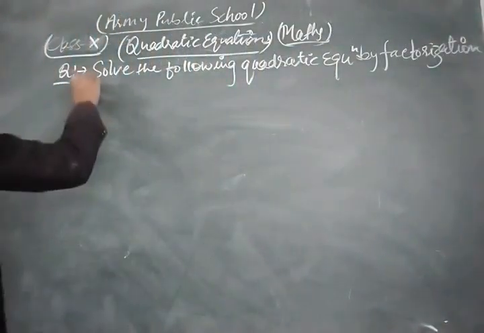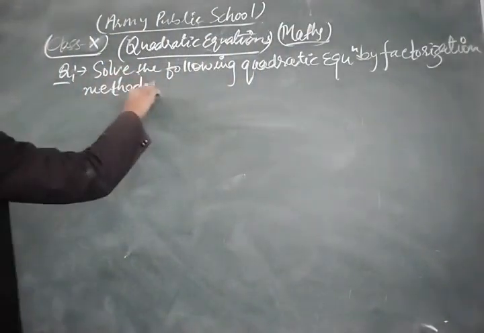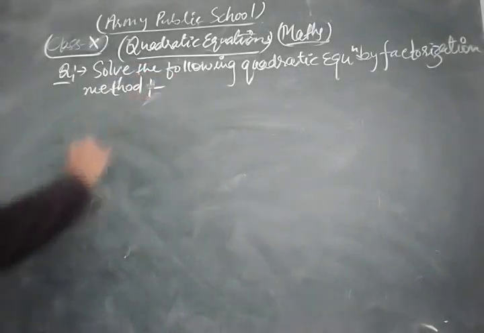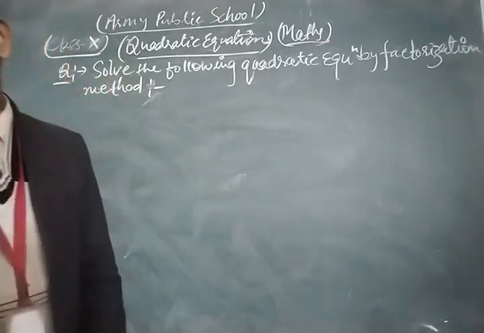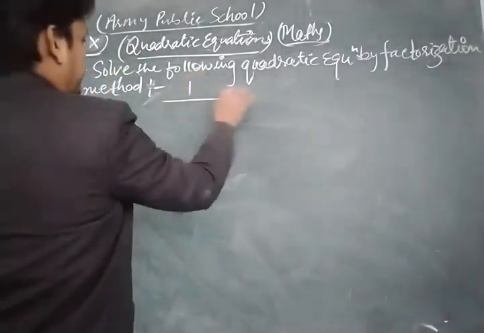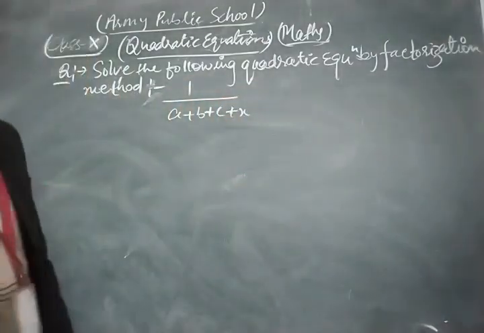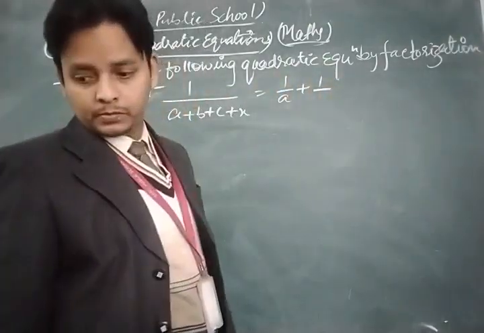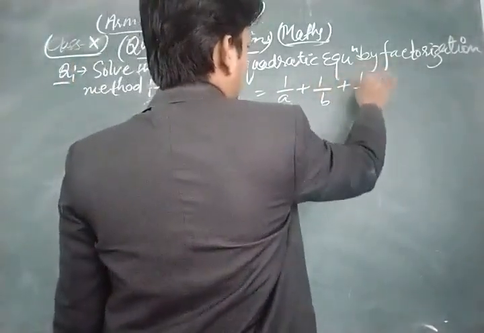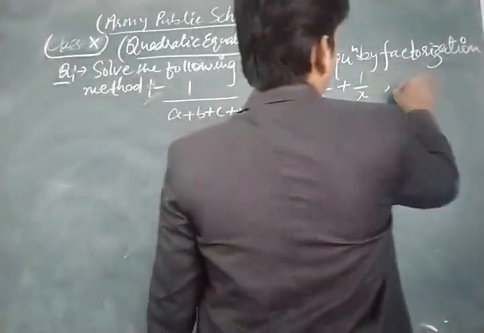Your question is 1 upon a plus b plus x is equal to 1 upon a plus 1 upon b plus 1 upon x, such that a plus b is not equal to 0.